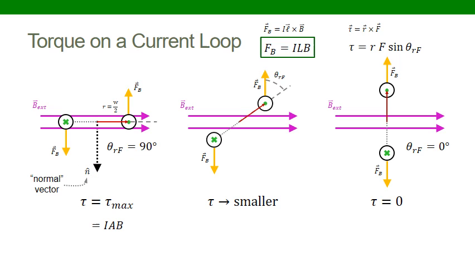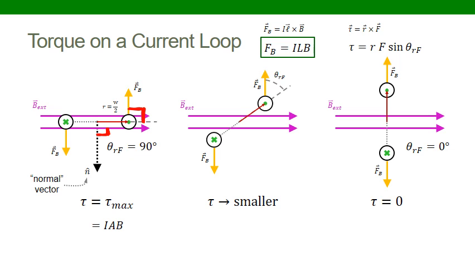Okay. And now look what we've done. If we were to compare the direction or the angle between the normal vector and our magnetic field here, you would see that that's 90 degrees, which was the same as the angle between our distance vector and the direction of our force vector.